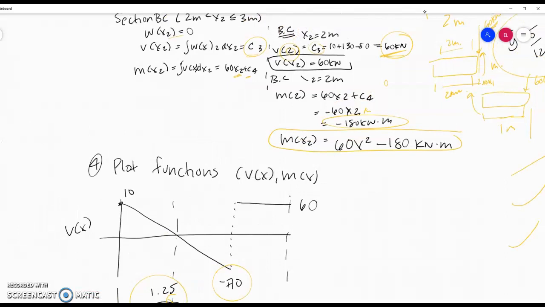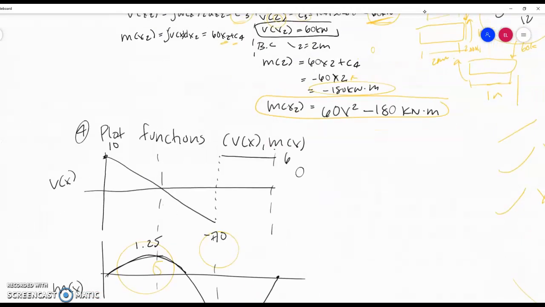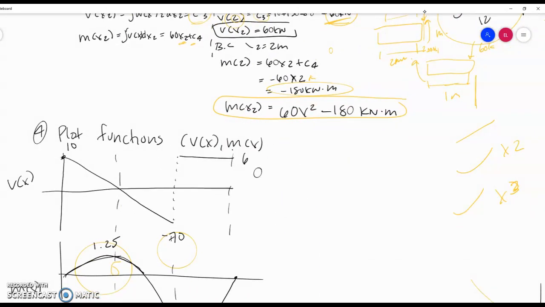Step 3 is to plot the functions. Now, remember your order of lines, which I've drawn over here. The point load and the linear, sorry, I'm going to break this down here. So order of lines.